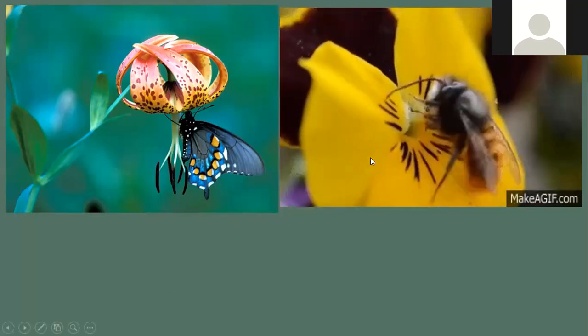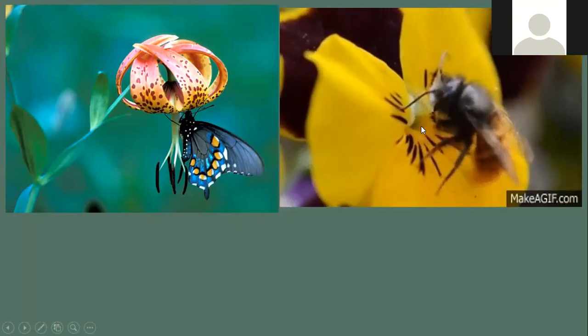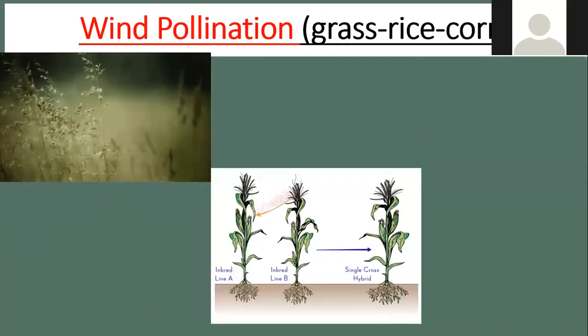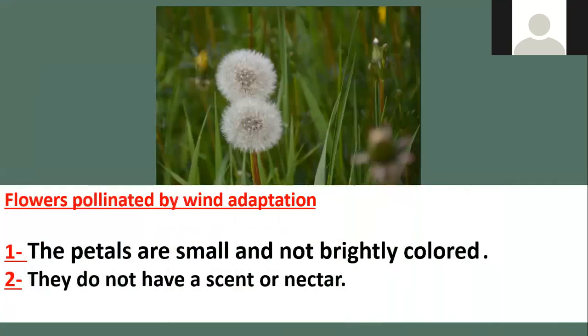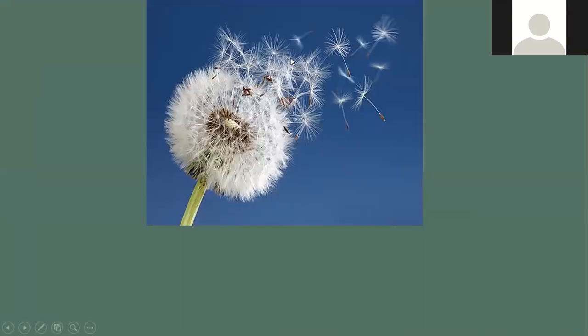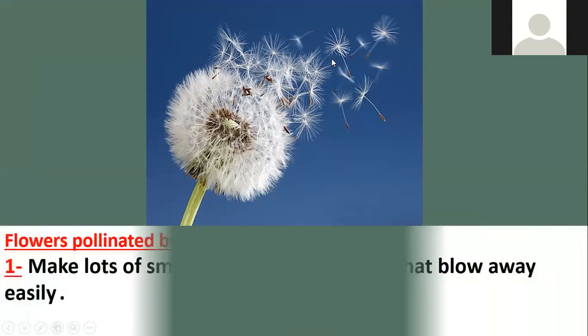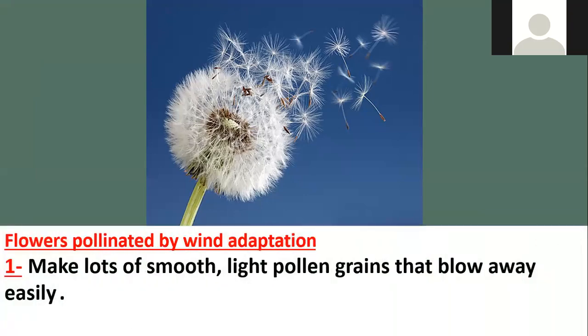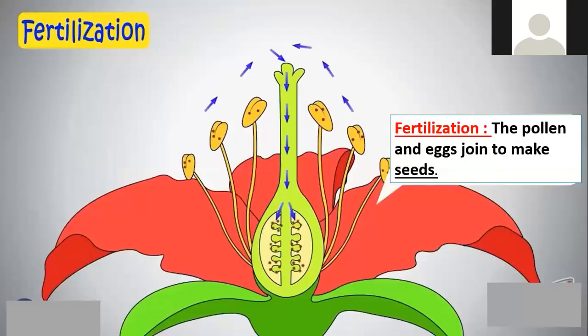They have marks, they have nectar, they have a smell. But here you can see the flowers are small, they are not bright, and they don't have a scent or nectar. And as you can see here, the pollen grains are very small, very smooth, very light, so that they can be carried easily by the wind.